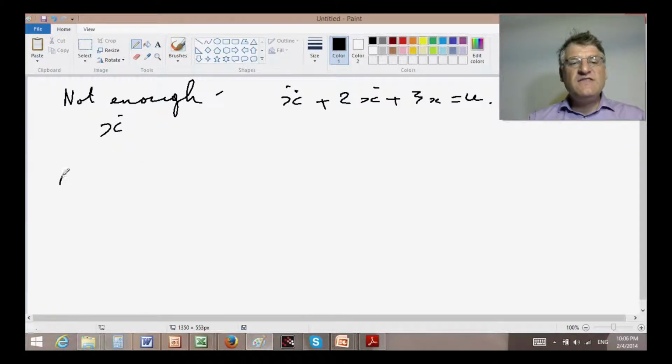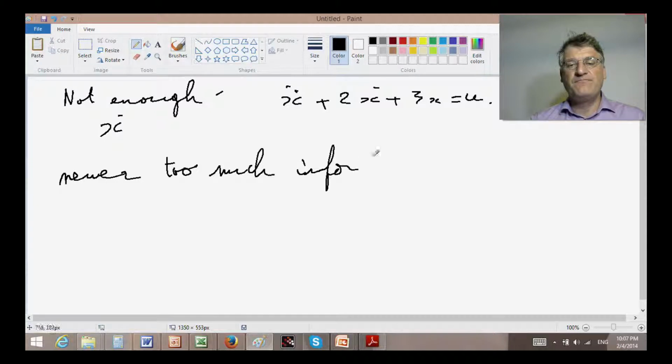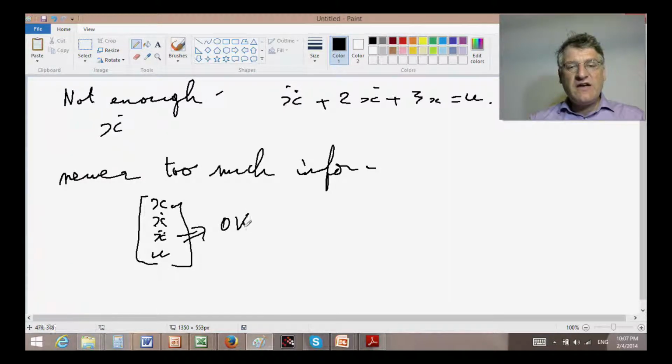However, there is never too much info. For example, you could define your state to be x, x dot, x double dot, and u. It is okay as a state.